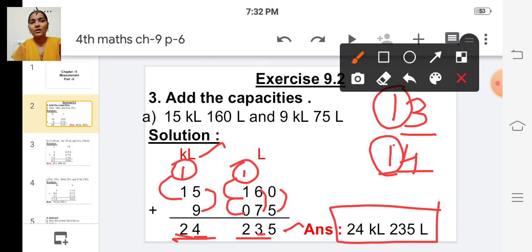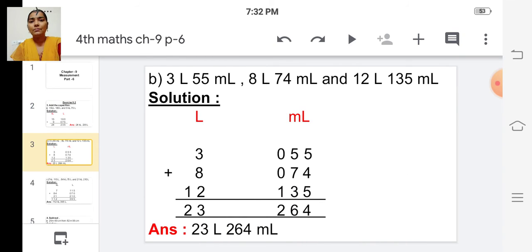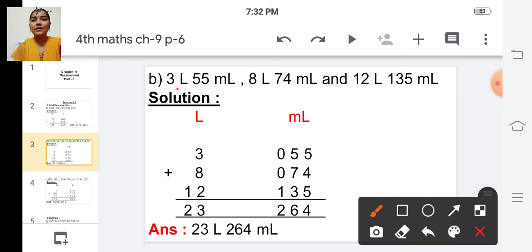Okay, so we will do one more problem. B: 3 liter and 55 milliliter. The second capacity is 8 liter and 74 milliliter, and the third capacity is 12 liter and 135 milliliter.